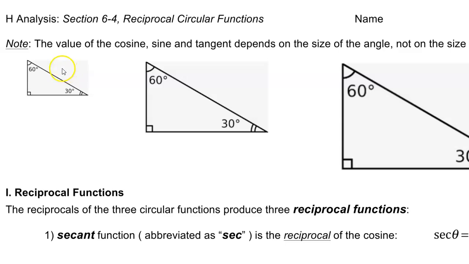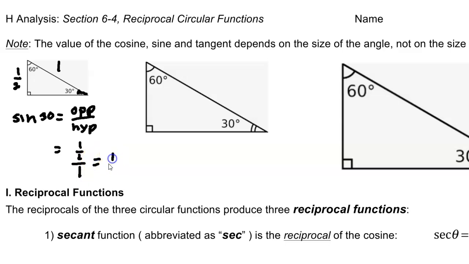So if we had a small triangle, like a unit circle, with a hypotenuse of 1, and a rise of, let's say, 1/2, and I look at this angle, the sine of 30 degrees would be opposite over hypotenuse. That's just 1/2 over 1, which equals 1/2.